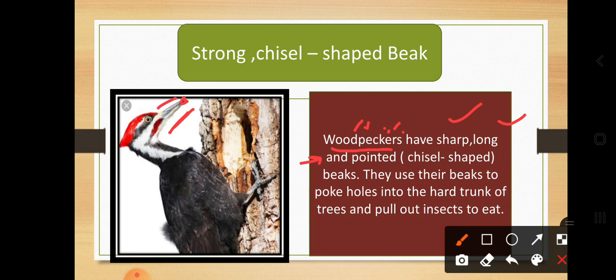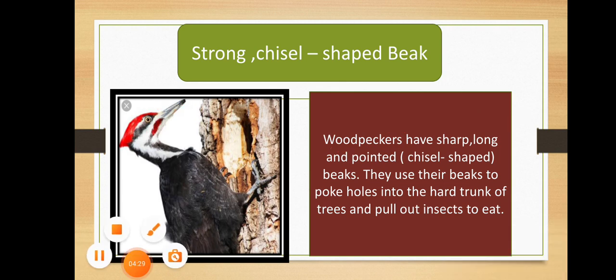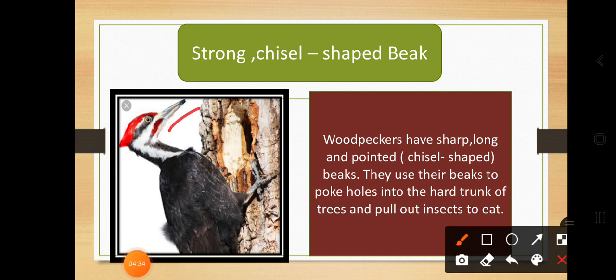So dear students, with the help of this sharp and long beak, what is the woodpecker doing? They use their beaks to poke holes. Poking means hitting, okay, pak pak pak pak.